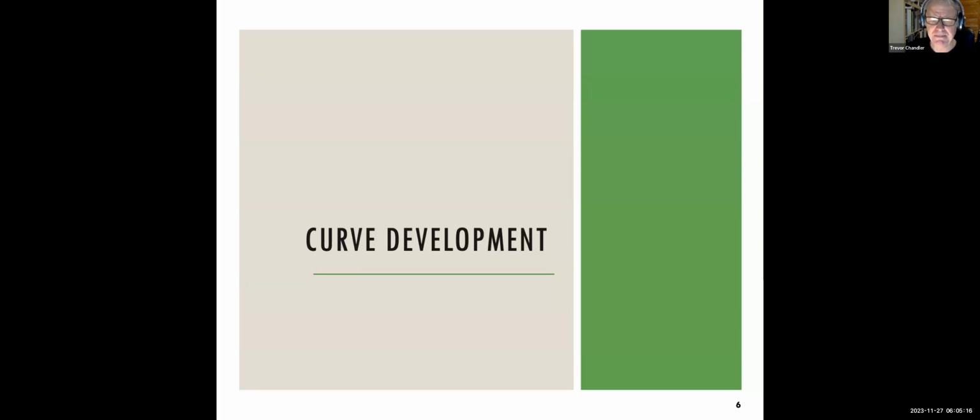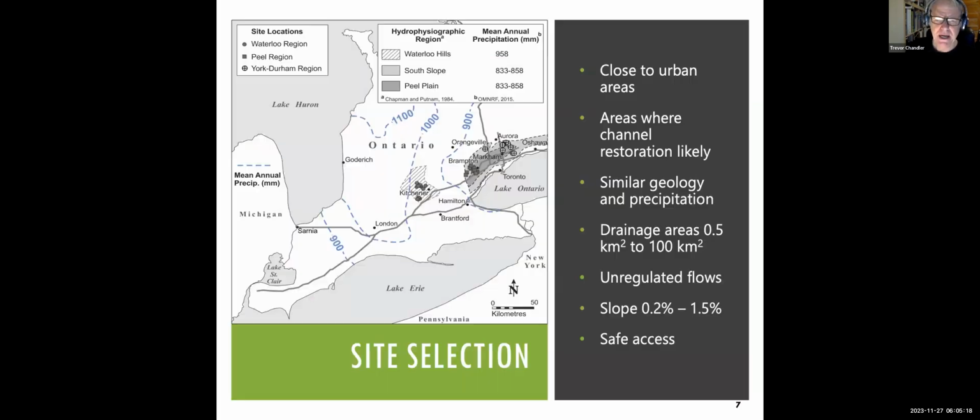So when we were developing the curve for Southern Ontario, one of the things we had to know was a little bit about the terrain we were measuring in. Here's a map of Southern Ontario. You can see it's surrounded by the Great Lakes. It's that peninsula of land that juts down through Michigan, Pennsylvania, New York, surrounded by three Great Lakes.